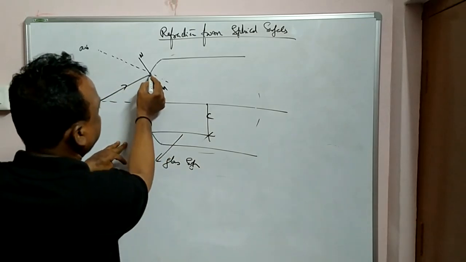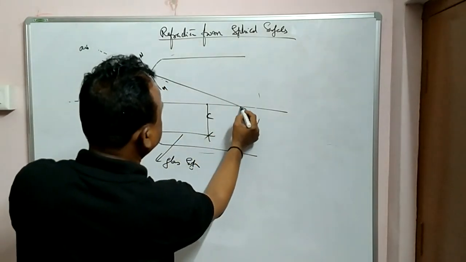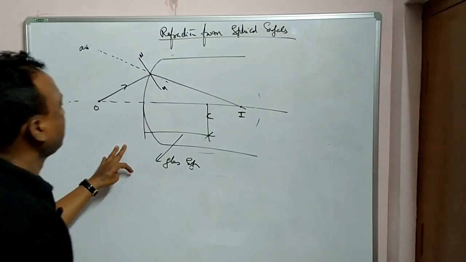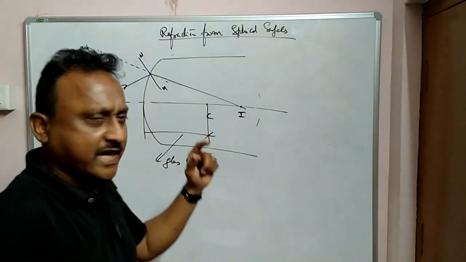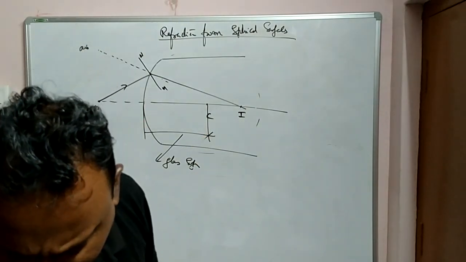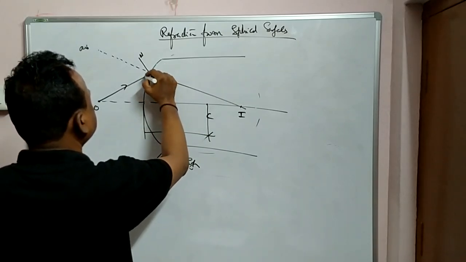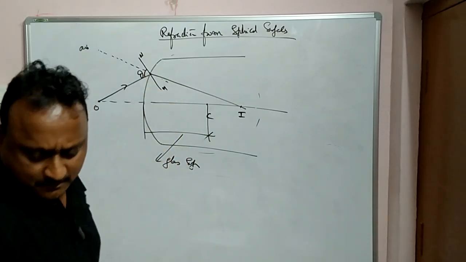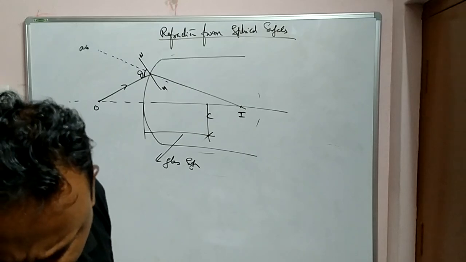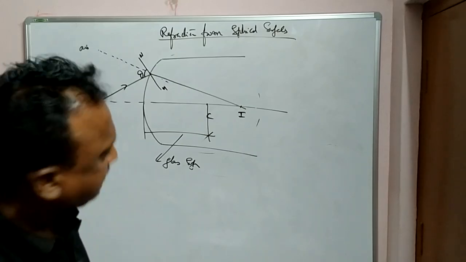So light will be going towards the normal. Somewhere over here image is formed. So in this way if you take the figure, this is the angle of incidence.